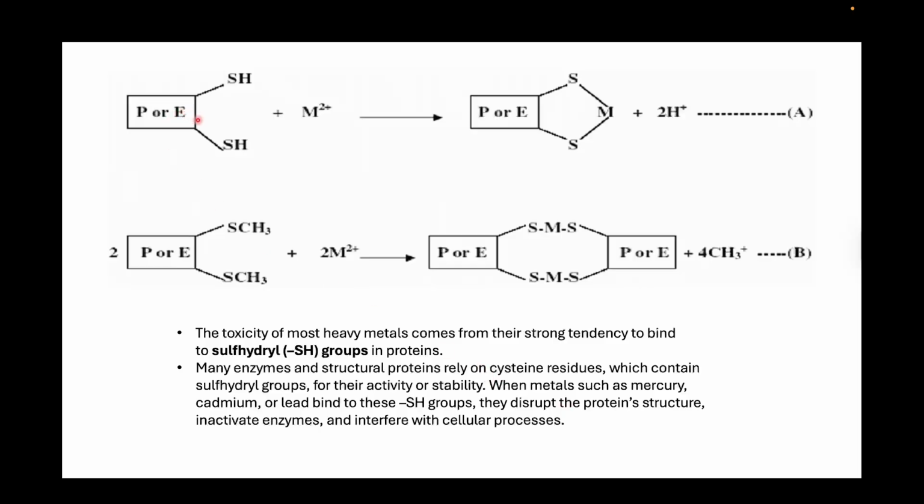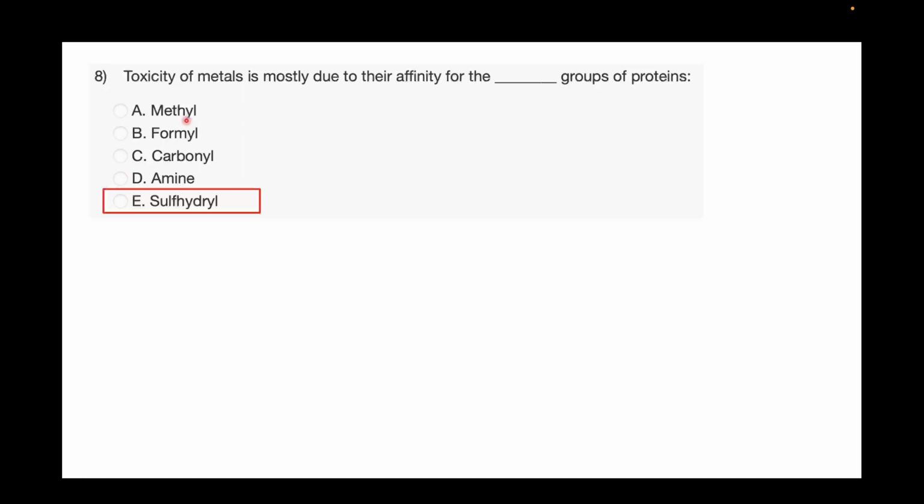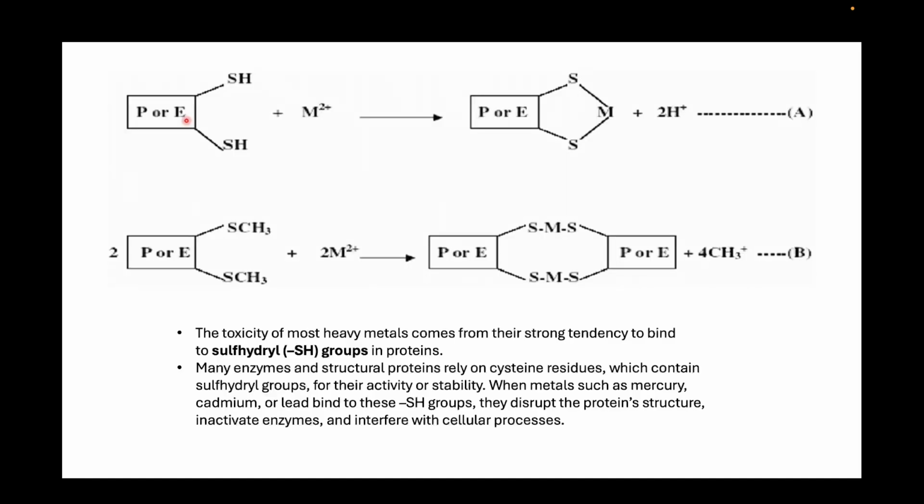So, here is an example. In a protein or enzyme, the amino acids which contain these kinds of groups, the sulfur group, are two such amino acids. One is the cysteine amino acid and one is methionine.